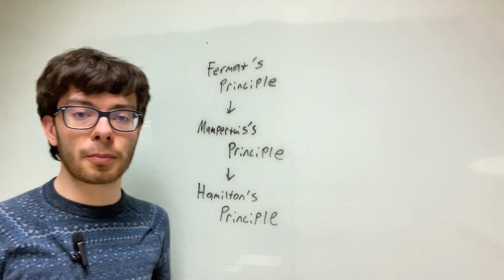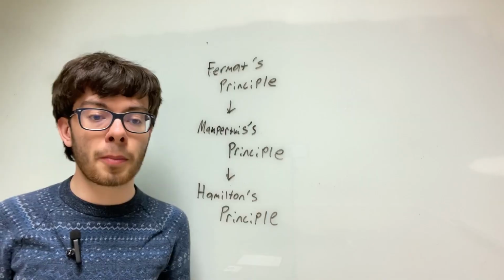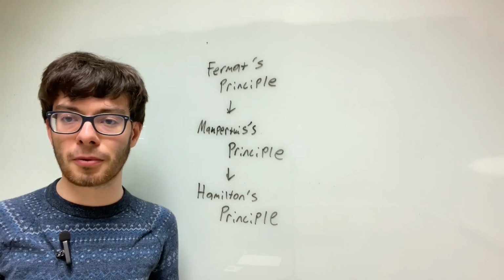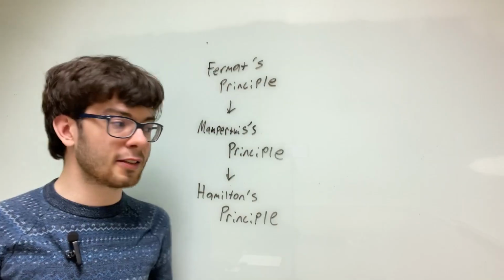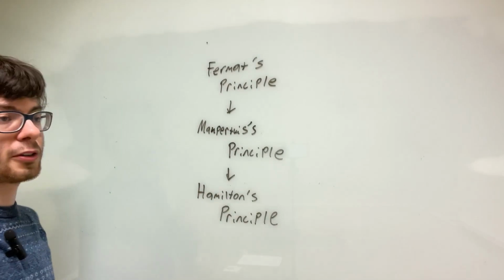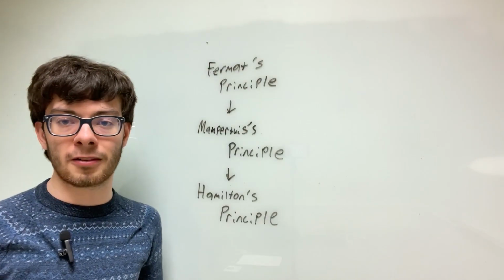And he came up with a principle of his own called Maupertuis' principle, which is basically a special case of the principle of least action. It eventually evolved into the modern Hamilton's principle once Sir Hamilton came into the scene.